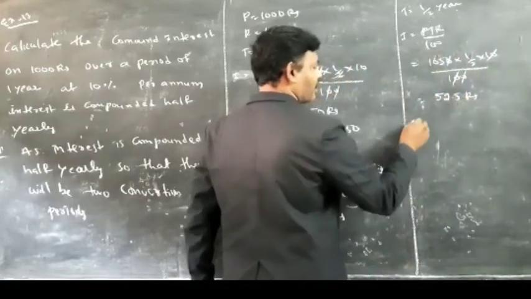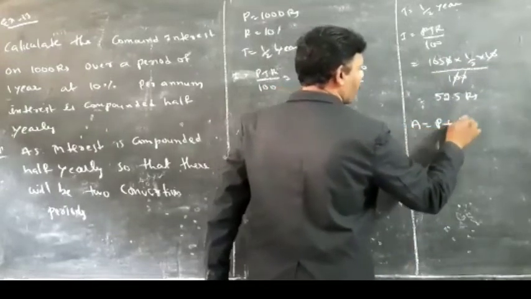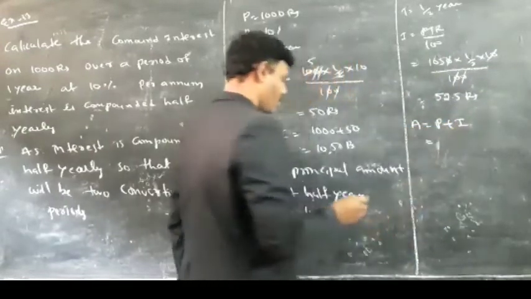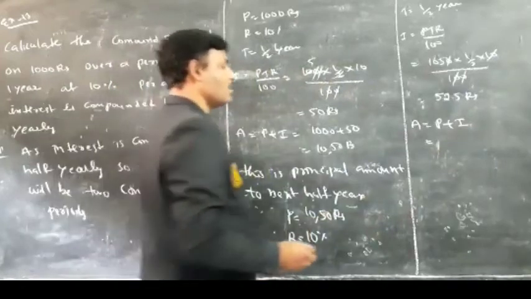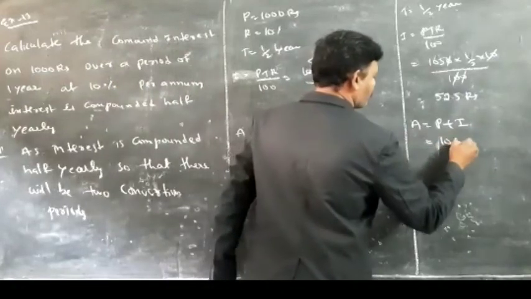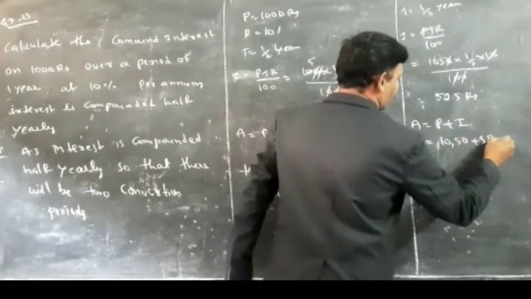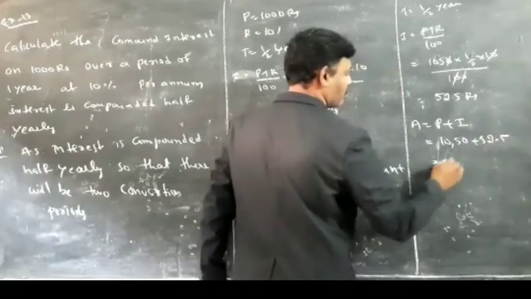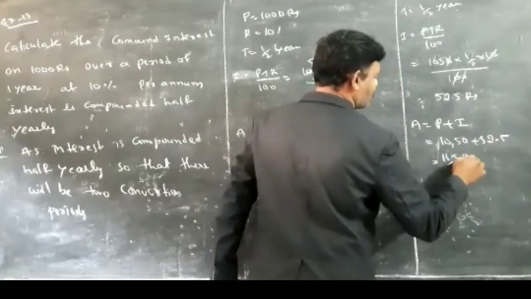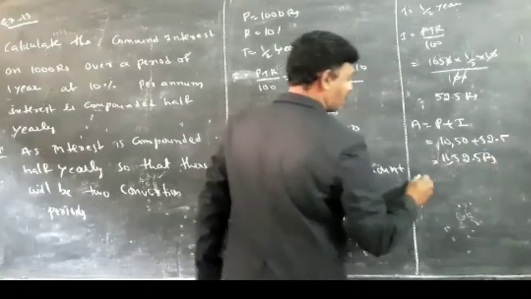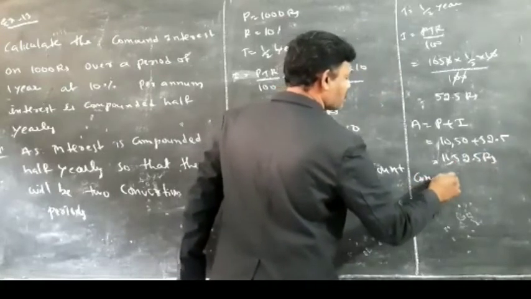So after 1 year he is gaining the amount P plus I is equal to, what is the principal amount here? 1050 plus 52.5 is equal to 1,102.5 rupees. Then what about the compound interest?